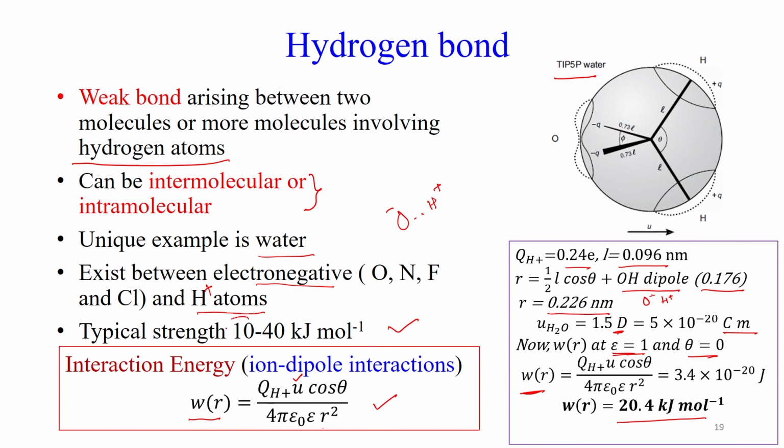So, this falls in the same range as we discussed. The hydrogen bond energy falls in the range of 10 to 40 kilojoule per mole. This is like an ion-dipole or dipole-dipole interaction between electronegative and hydrogen atoms.